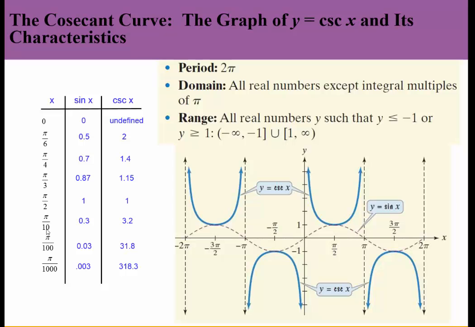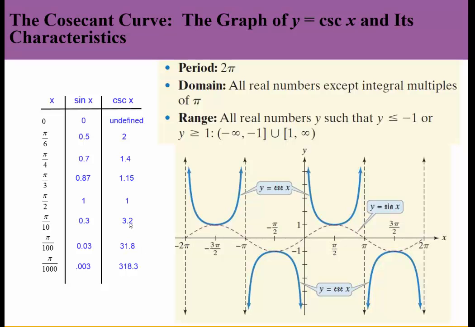And also I threw something else in here. I threw in some values: pi over 10, getting closer and closer to 0 here, pi over 100, pi over 1,000, and so forth. And as you can see, if you take the sine of pi over 10, I put approximations here, of course, on these three, the sine of pi over 100, the sine of pi over 1,000, you're getting closer and closer and closer to 0.